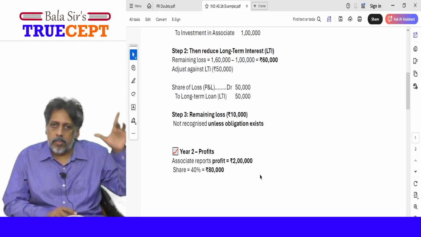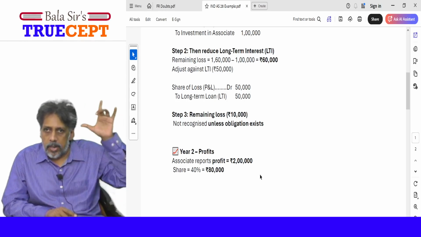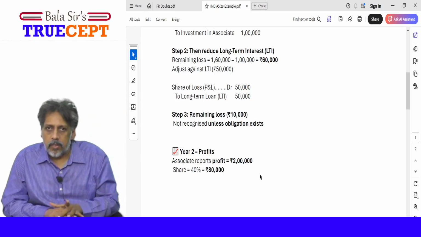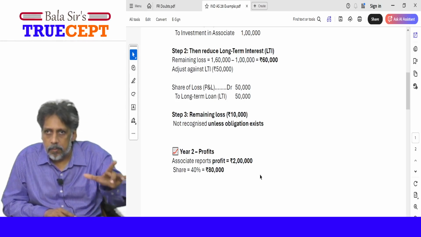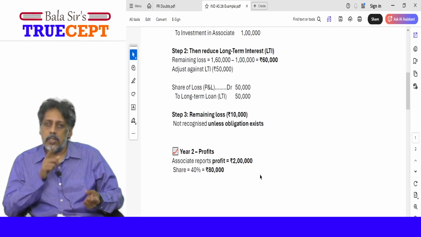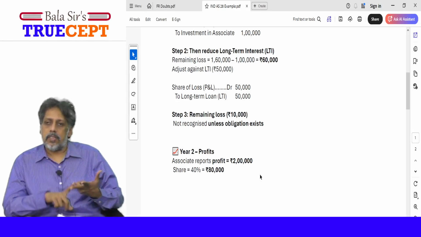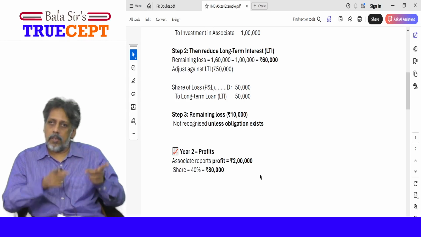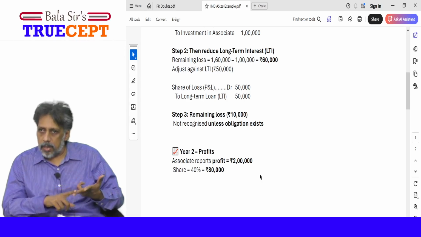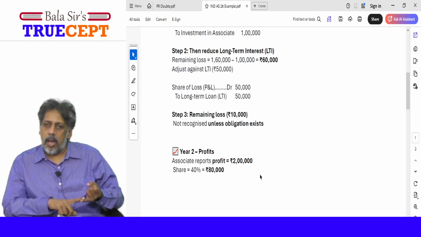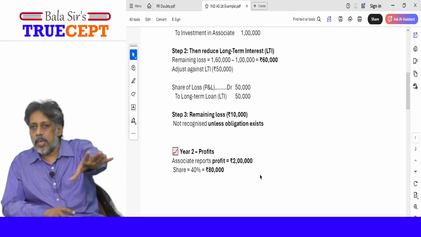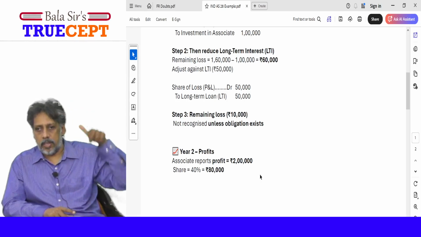So how much out of the 60,000 balance? Totally 1,60,000, of that 1 lakh against investment and the balance 60,000, of that 50,000 against long-term interest. What is the entry? Share of loss P&L debit 50,000 to long-term loan 50,000. That's it. You still have rupees 10,000 loss. That will not be recognized in your books unless you have an obligation to pay that amount to the associate company, right?